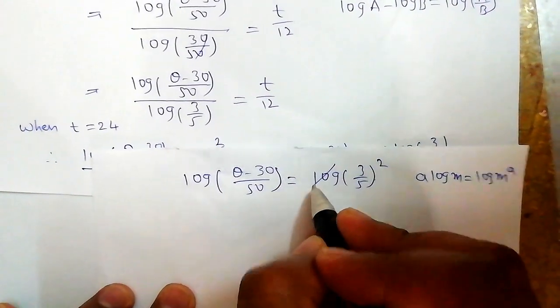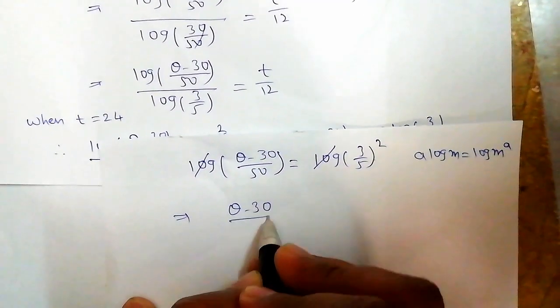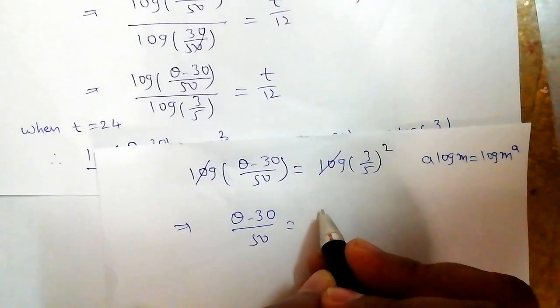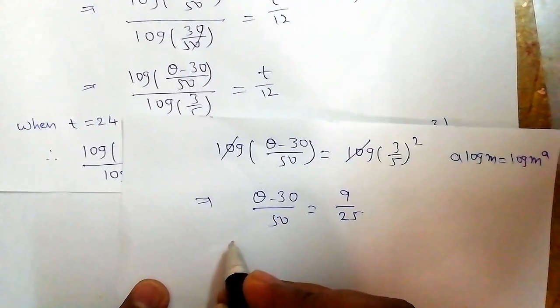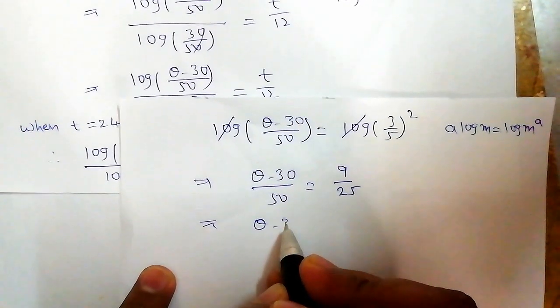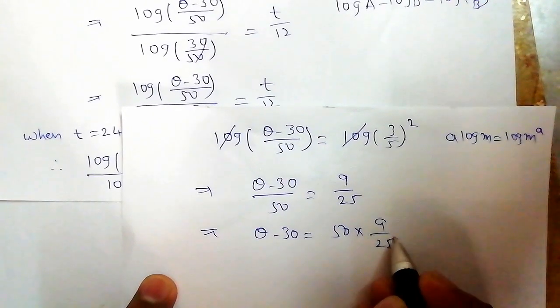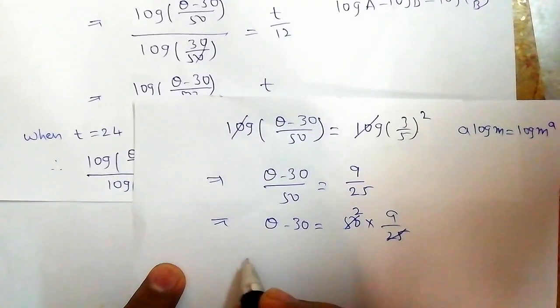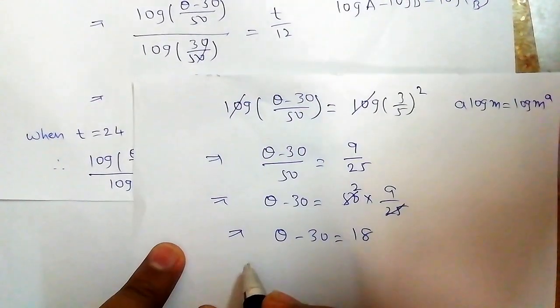Here the log will get cancelled. What I get is (theta minus 30) by 50 equals (3 by 5) whole squared, which is 9 by 25. Now I want to get the temperature of the body theta, so theta minus 30 equals 50 into 9 by 25. 25 twos are 50, which implies theta minus 30 equals 9 twos are 18.